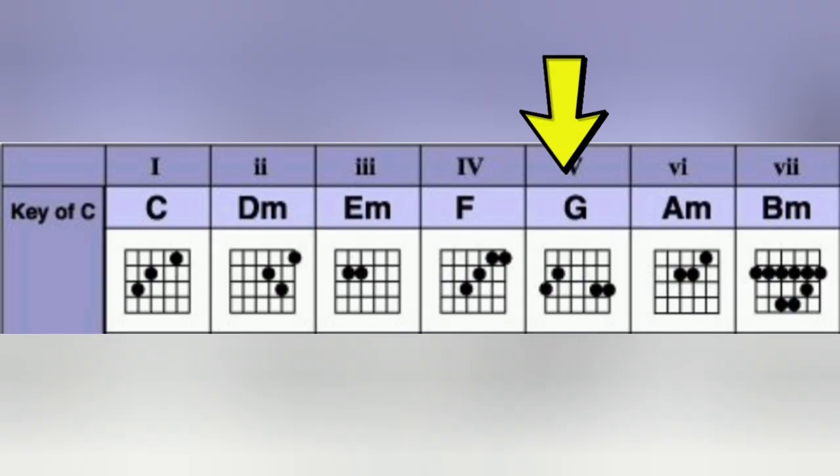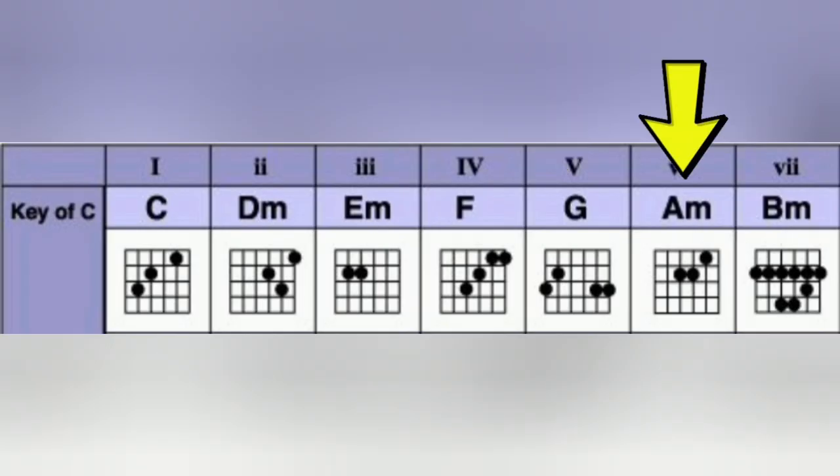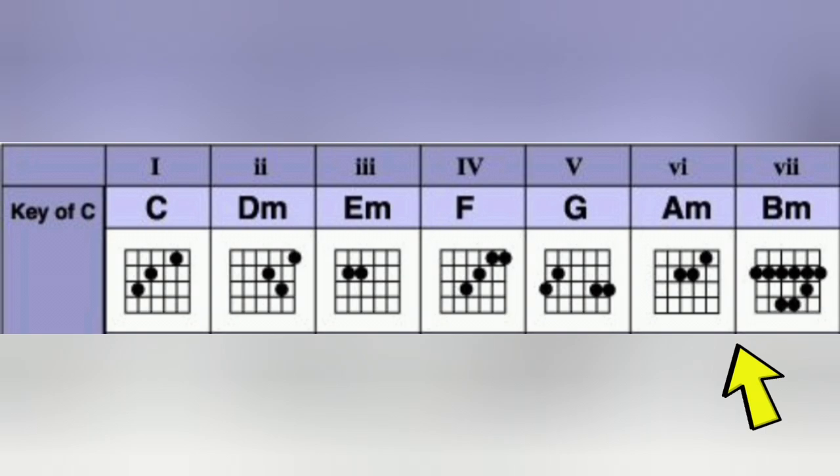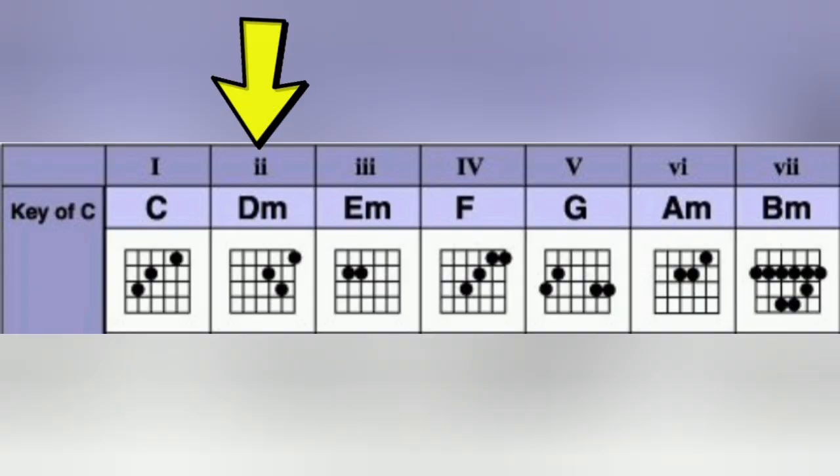For A sharp, A minor will be different. So please, the first point to note is that these combinations are for the key of C. Secondly, if you look at this first column in the table and the row, they have numbers written in Roman numerals 1 to 7.